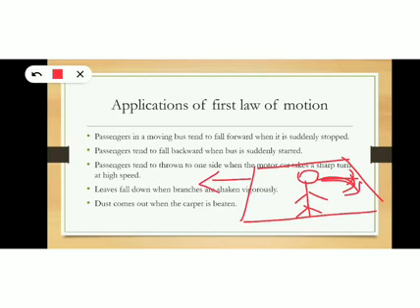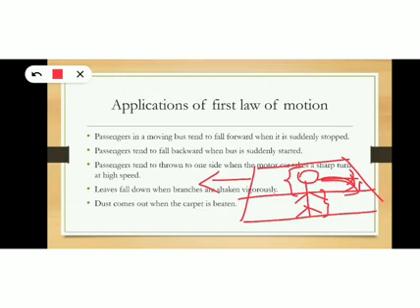Here also we can apply the same logic. The lower part of your body, which is in close contact with the floor of the bus, will be in a state of motion immediately along with the bus. But the upper part of the body can't adjust to this change. It was initially at rest and it likes to be at rest always.